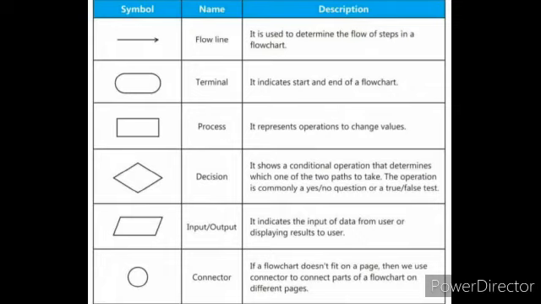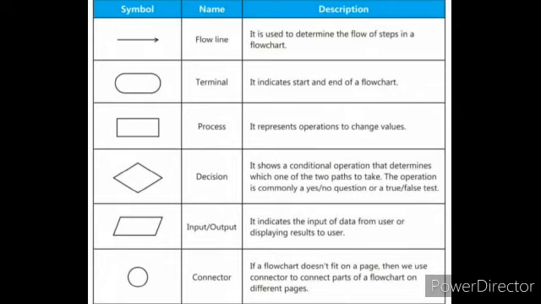Third symbol is rectangle and its name is process. It represents operations to change values.